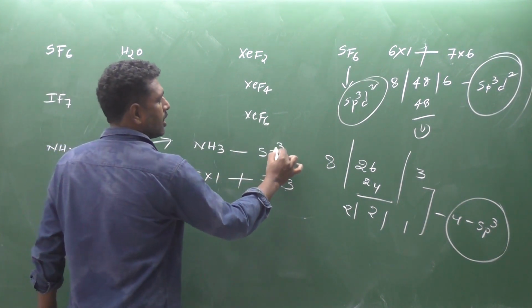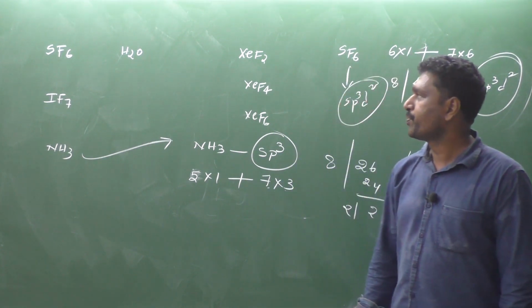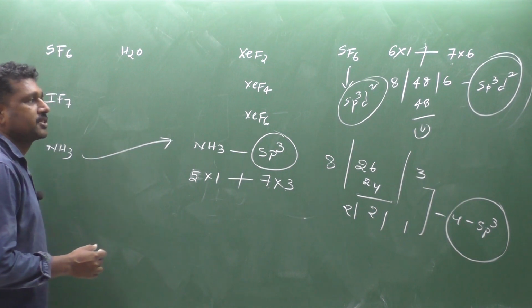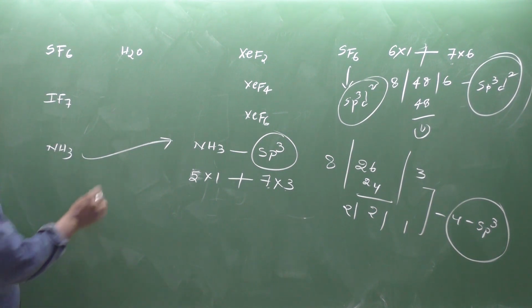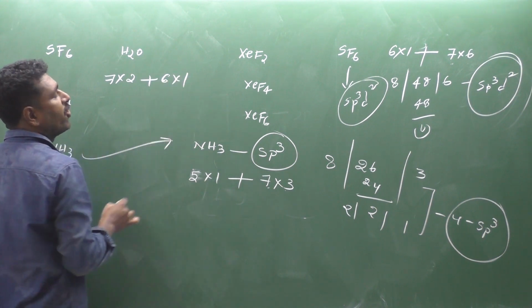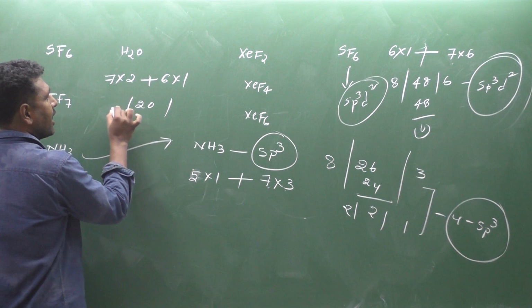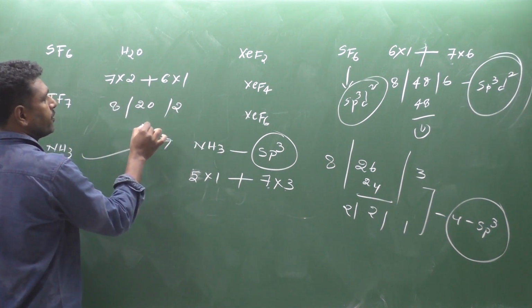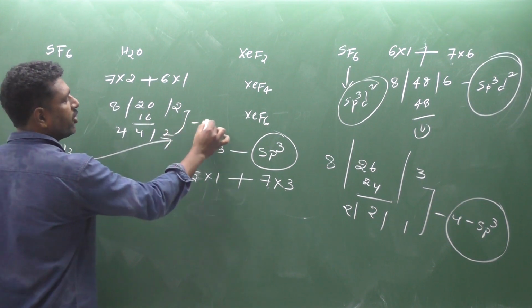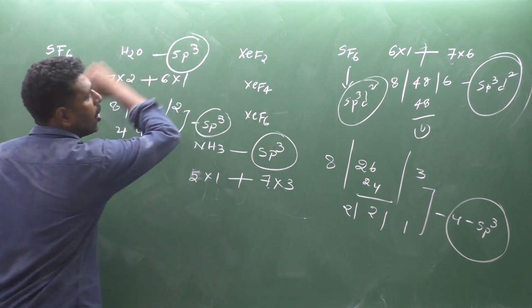So this is the hybridization of nitrogen in ammonia. Water: we also calculate the hybridization of oxygen. 1 into 2 plus 6 into 1, 8, divided by 8. The total is 8 ... so sp3 hybridization only.